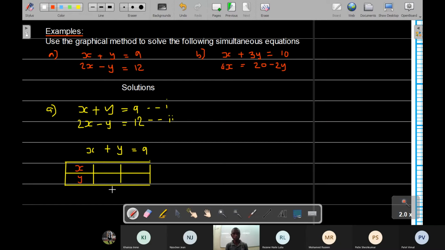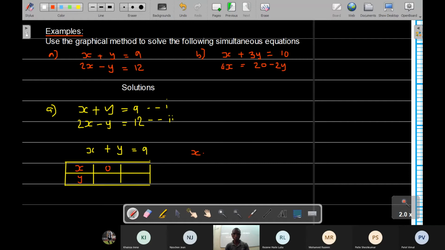So I want to get the coordinates, and this is what I'm going to do. I let x be 0. It's not a must, but you are free to do that. So when I let x be 0, what happens? I use it in this equation.